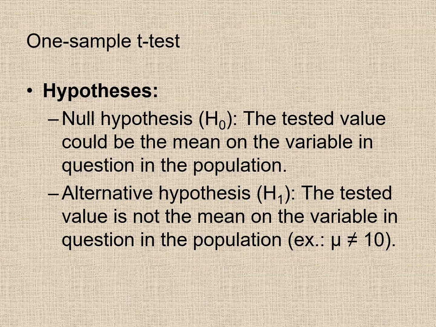So for instance, if we want to figure out if 12 might be the population mean on depression among Swedish women, then the null hypothesis says that 12 could be the mean on depression among Swedish women, while the alternative hypothesis says that 12 is not the population mean on depression among Swedish women.